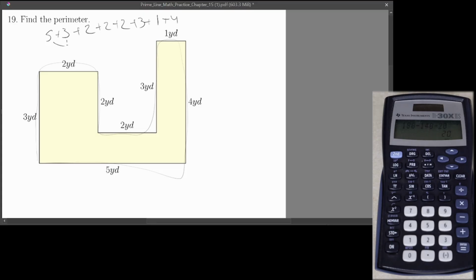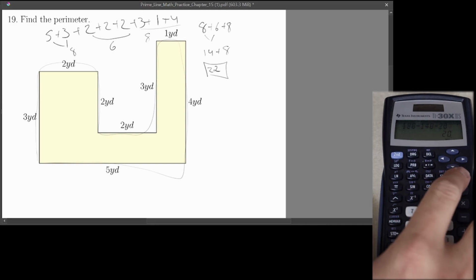We add these up. Well, that's 8. And those 3 add up to 6. And these add up to another 8. And 8 plus 6 plus 8, that is 14 plus 8, and we get 22.